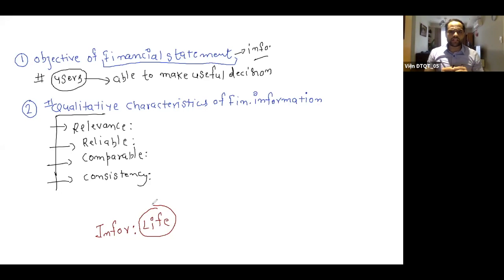If information is outdated, old, or not timely provided, the quality of information is low, bad, right? Exactly the same thing happens with financial information. So make sure financial information is timely provided.